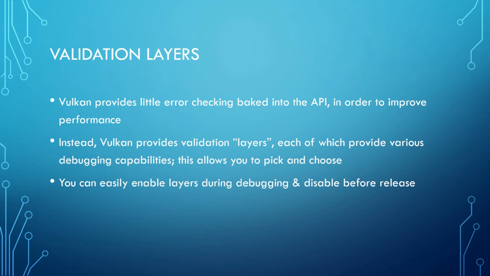And this goes back to the idea of modularity, which is a recurring theme in Vulkan. So you can snap on these different components and examine different parts of your application and see what's wrong, and then when you want to release or you need performance, you can just disable those layers pretty quickly.